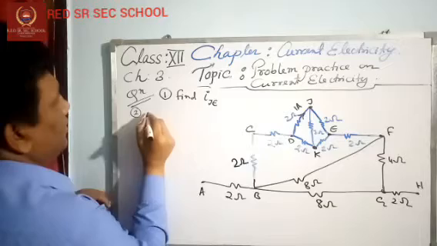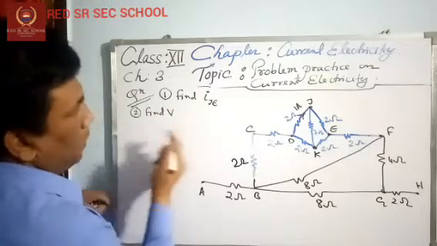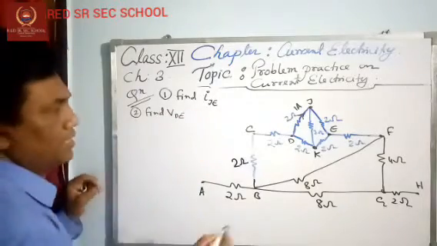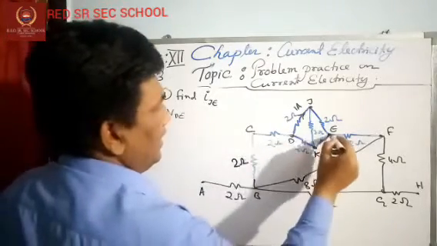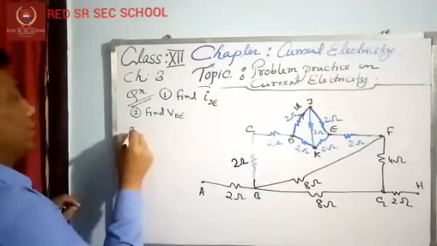Second question: find VDE, the potential difference between D and E. That can be asked.